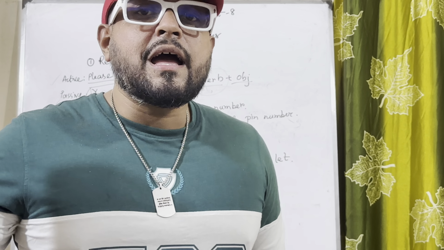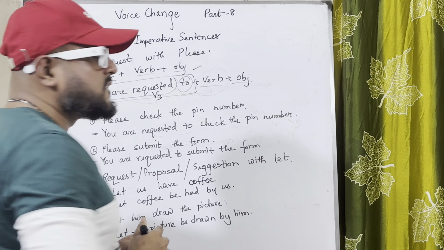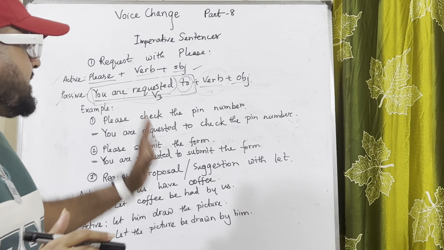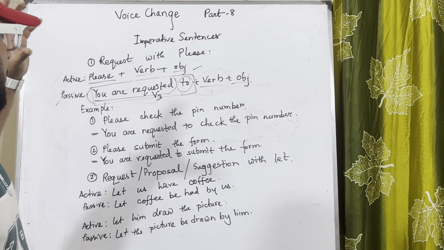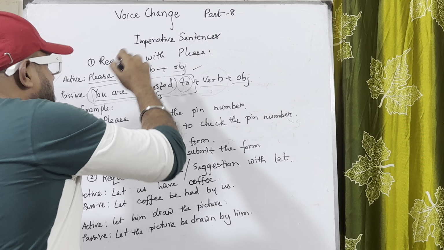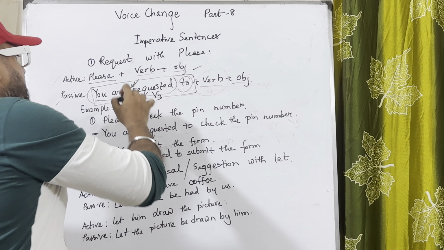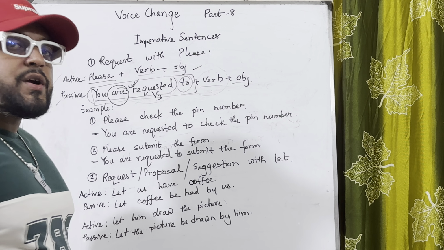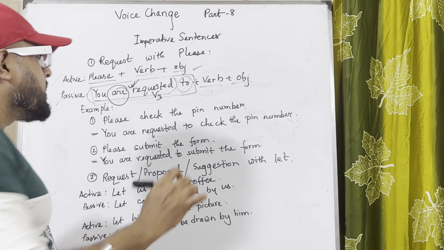The answer is very simple. You can see over here the word requested. This verb requested is written in the passive form with its V3 version. So the V3 of the passive is this verb requested, along with the necessary be verb are.